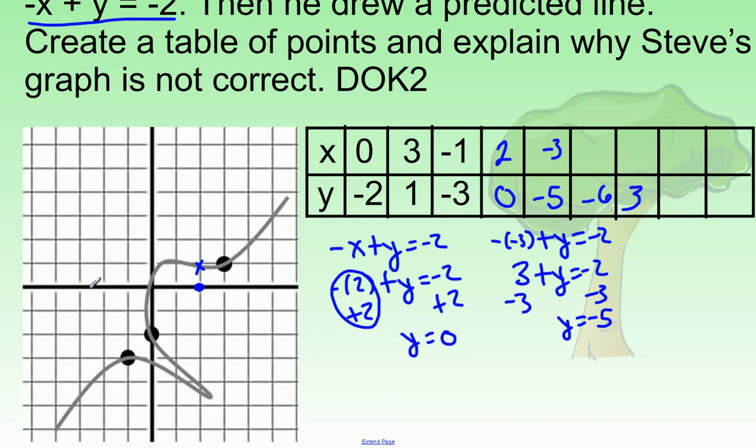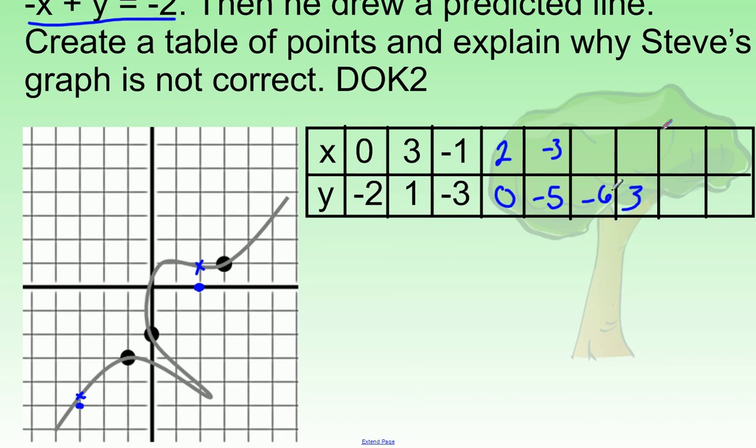Negative 1, negative 2, negative 3, negative 1, negative 2, negative 3, negative 4, negative 5. So we've proven it wrong right there. So every point that we put in, we're showing that his equation, or the graph that he made, is not quite right. I'm going to erase these 2 and do my next 2.